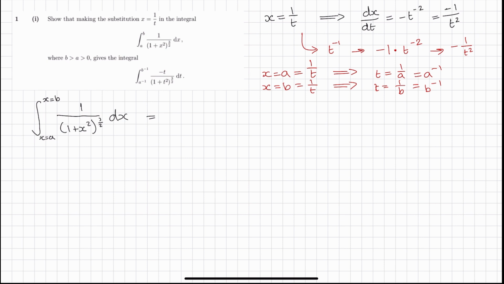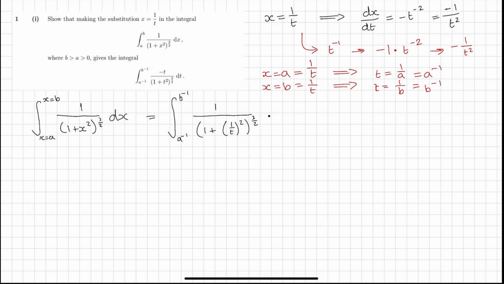So we can then write this as the integral from a to the negative 1 to b to the negative 1 of 1 over 1 plus, I'm going to write this explicitly here, and then we want to multiply that because we have dx.